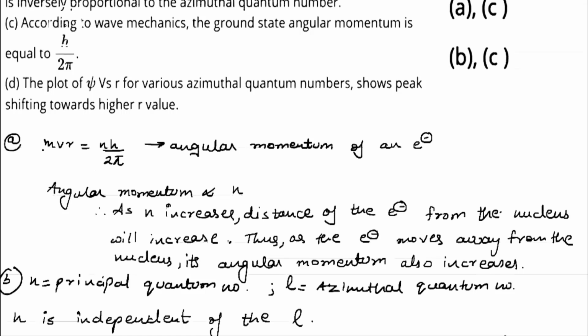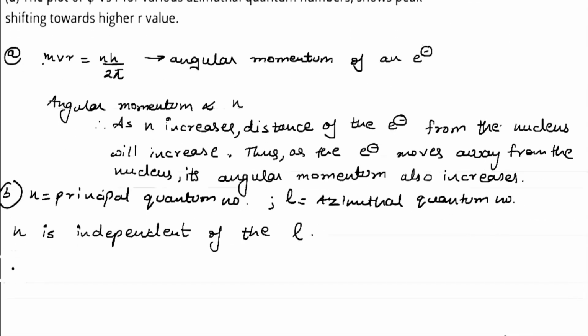Let us move on to C. C says that according to wave mechanics, the ground state angular momentum is equal to h/2π. Now, this is very basic.